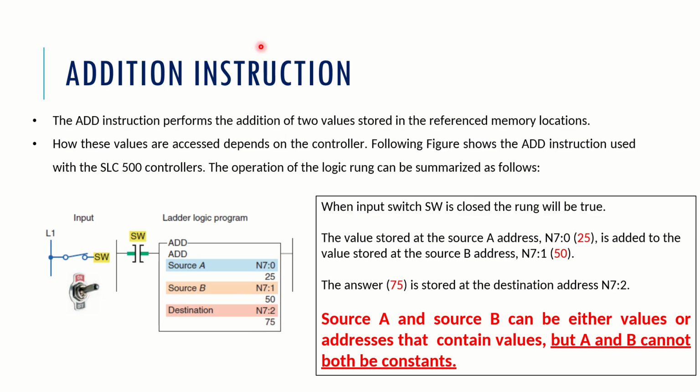Now you can see one particular thing that is very important to consider here: how are these values accessed? Because here we have got 25, here we have got 50, and how will you get that?